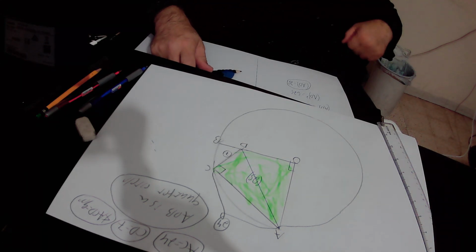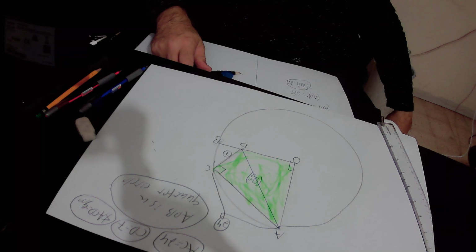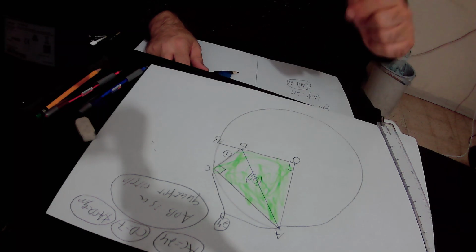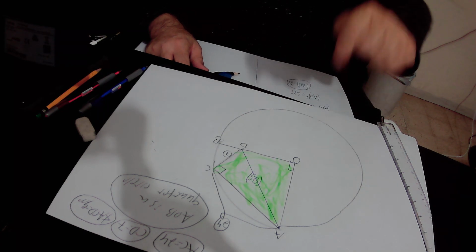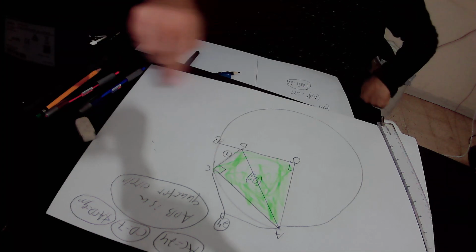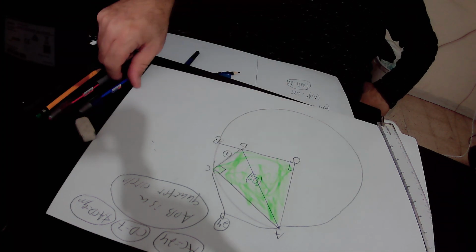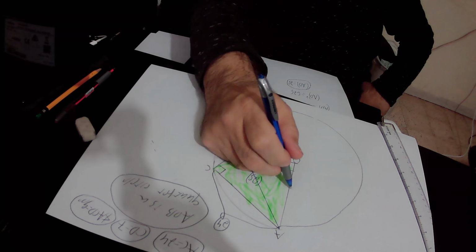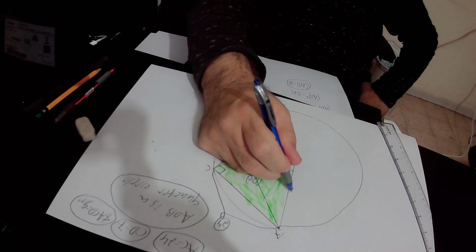We completed the quarter circle to a circle. Point O is the center of this circle, point A is a point of the circle itself. Therefore OA is the radius of this circle. We define the radius of this circle as R, so OA equals R.